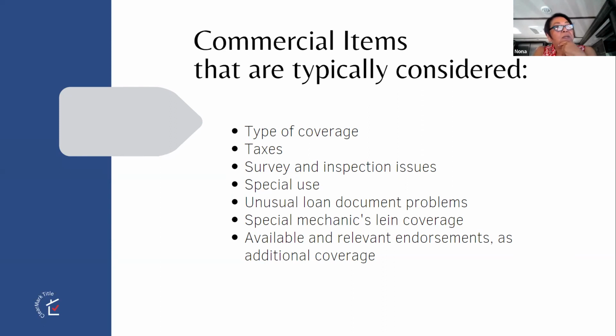Mechanics liens. Mechanics liens can come up in remodel issues. If we're told in advance that it's going to be a remodel job, we will make some mechanic lien requirements for our coverage.